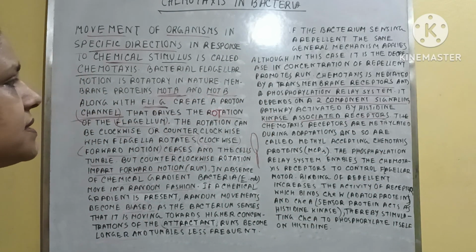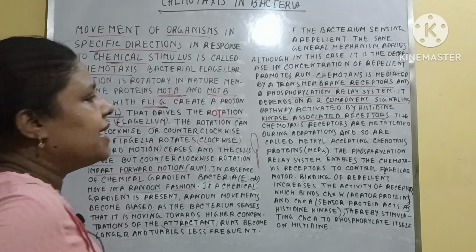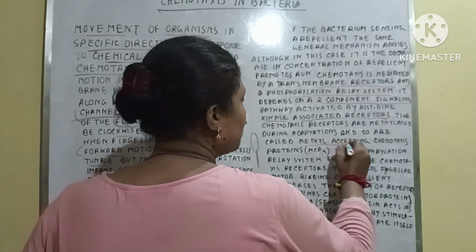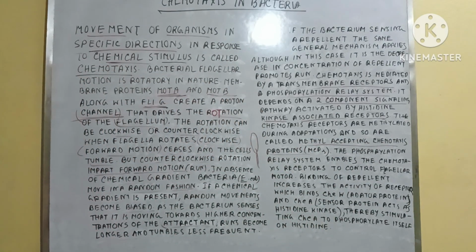The chemotaxis receptors are methylated during adaptation and so are called the methyl accepting chemotaxis proteins. So when they show adaptation, in that situation the chemotaxis receptors become methylated, and they are called the methyl accepting chemotaxis proteins, MCPs.